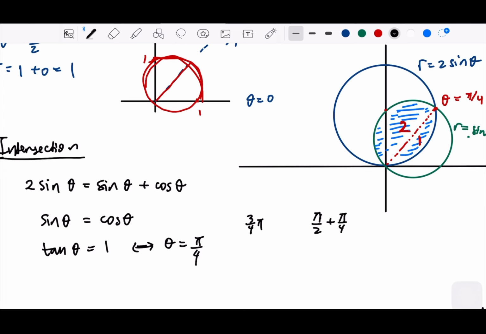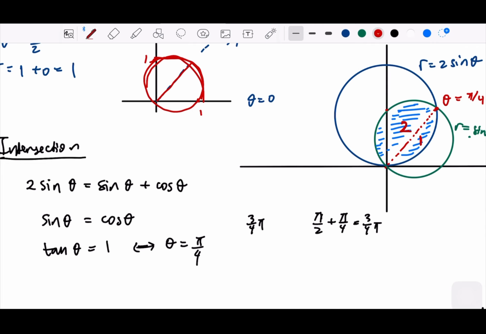In the second quadrant, this is 3 over 4 pi. Yeah, it's 3 over 4 pi. So here in origin, that is 3 over 4 pi.